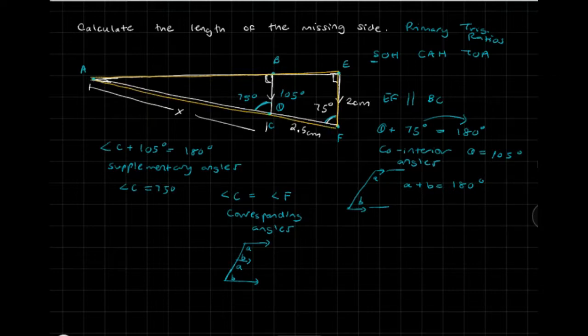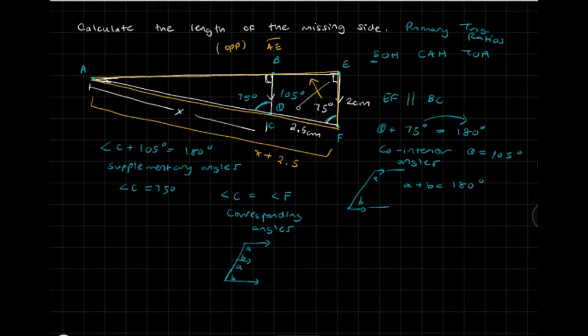If we look at this triangle here, because we know that this is 75 degrees, and we also know that this whole length here is x plus 2.5. We also know the base is 2 centimeters, and this whole thing is a right angle, so we'll just use this whole thing to find it, right? Now, the opposite side of angle F is side length AE.